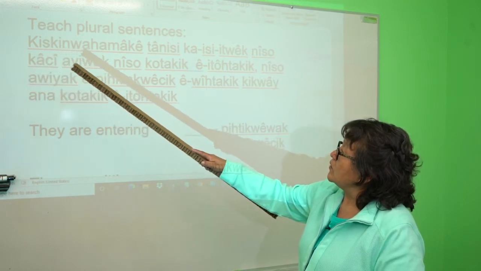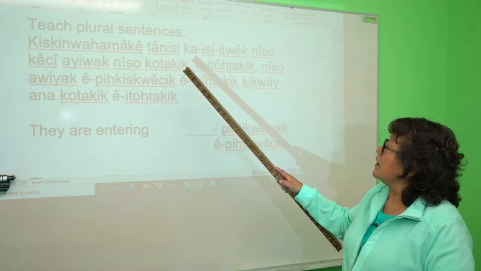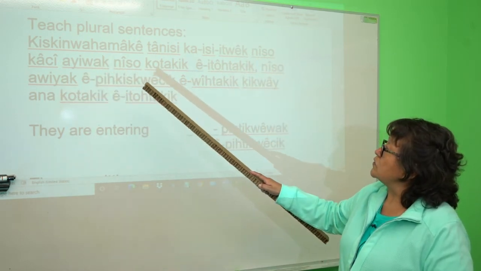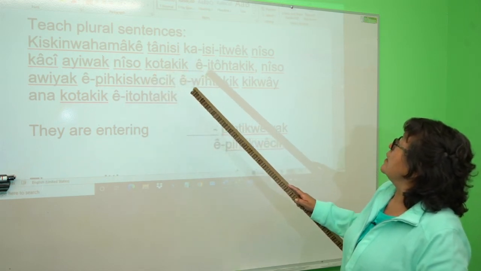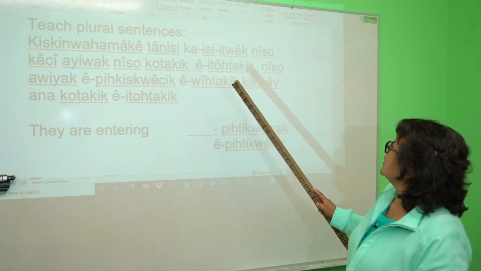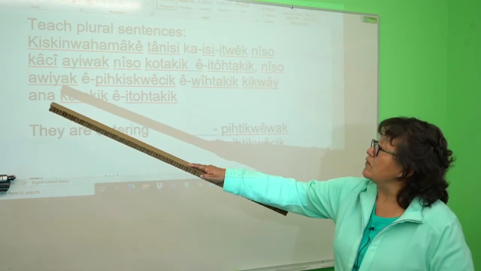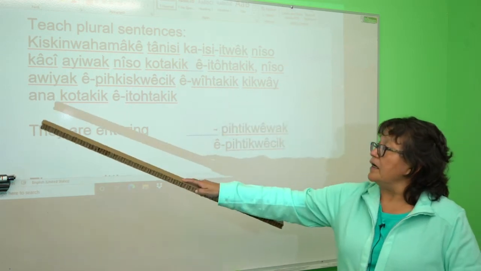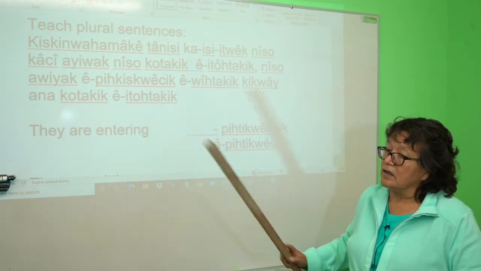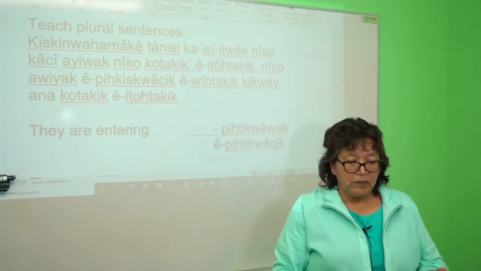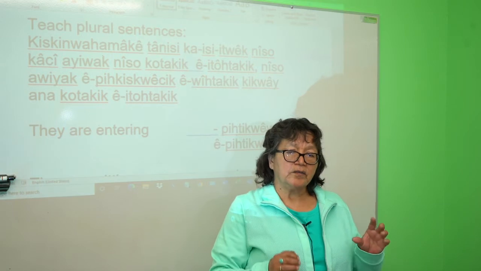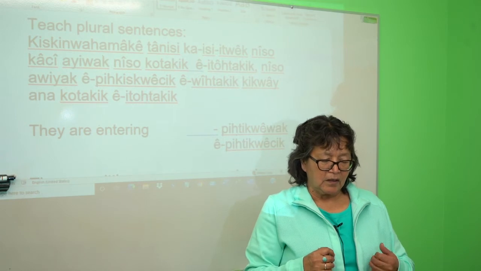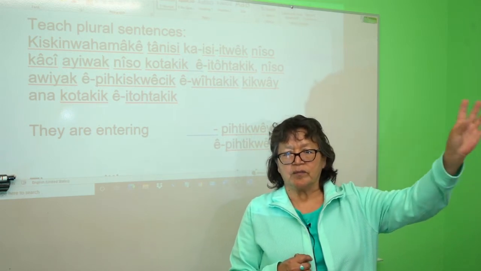Giskinwa hamage tanise ka isi itwek niso kaji aiwak niso kututahkik e itutahkik, or niso awiak e pigiskwejik e witahkikikoe ana kutakik e tutahkik. So if speakers hear this, they'll know what they're referring to as a singular speaker talking to somebody and referring to the two or more people doing the action.